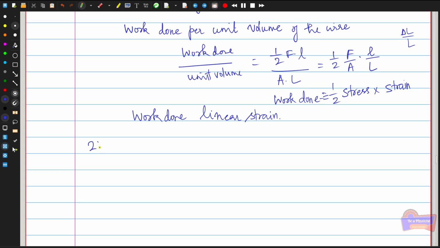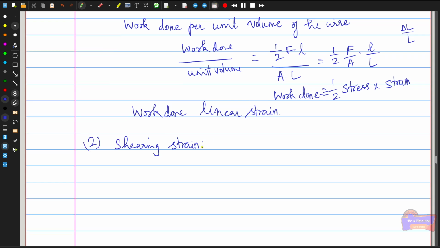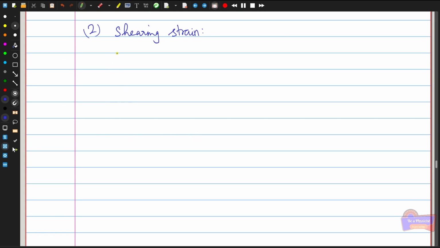So the second one is the shearing strain. Again, I take the same example, a square with corners A, B, C, and D. Suppose I apply a tangential force, then it is reshaped.